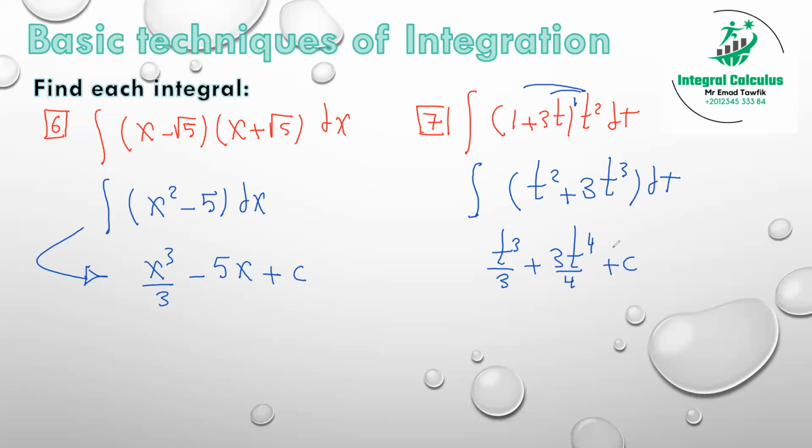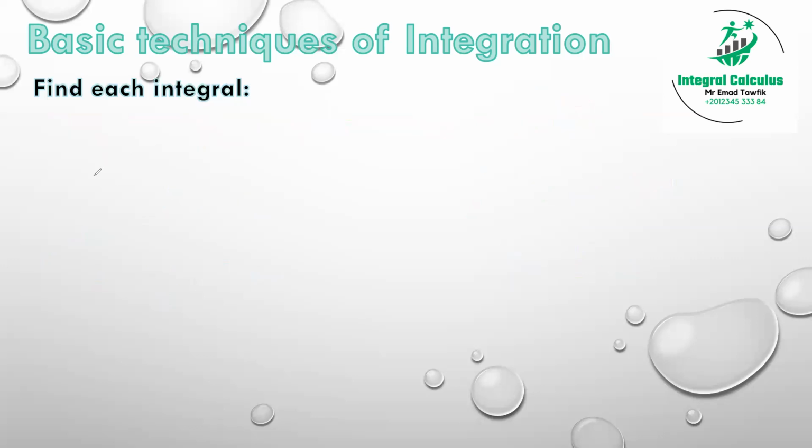And for another idea, in question number 8, if I ask you to integrate y squared multiplied by square root of y, dy. To integrate a problem like this, you have to put it in simplest form and then integrate.